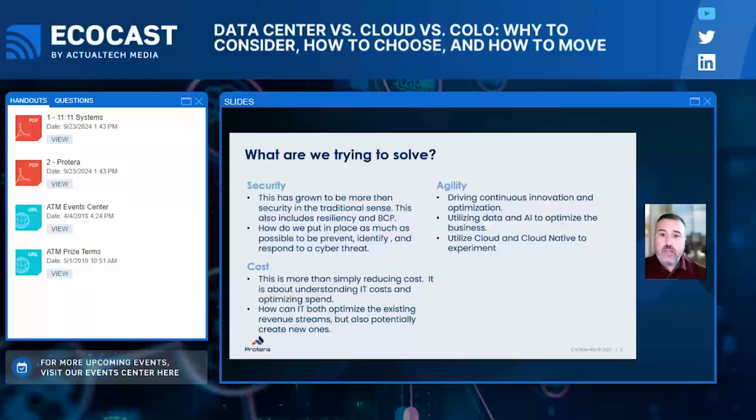How do I utilize data and AI to optimize my business, to give better reports and predictive analytics? How do I continuously lean into where the industry trends are and steer my business in the right direction without over-rotating into a hype cycle? That idea of experimentation and testing, and making sure I am applying the right amount of technology at the right place for what my business needs to drive the outcomes that they want.